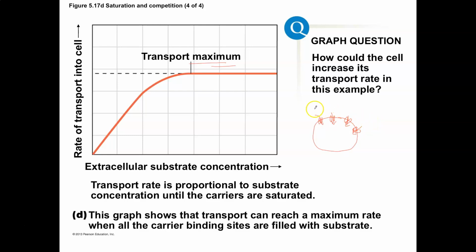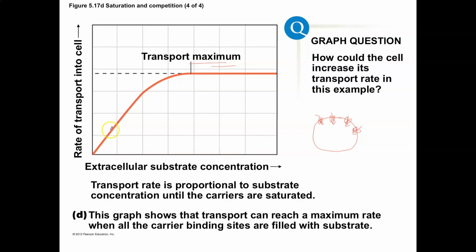When there's only 1 or 2 molecules to move, we would still have a couple extra carrier proteins available. And so if more substrate was available, we could move more of those substrates across the membrane. But your cells are limited by the number of carrier proteins that they have.